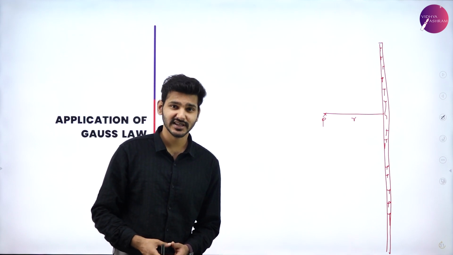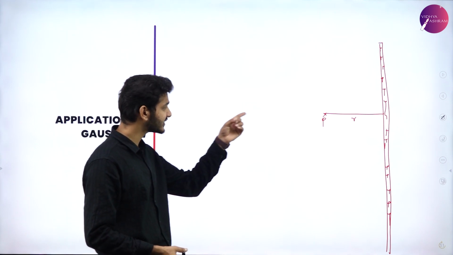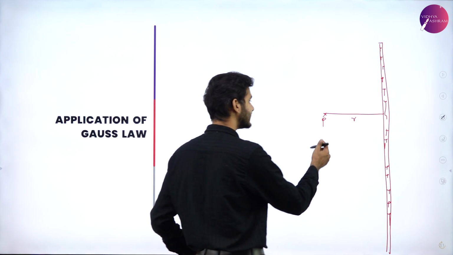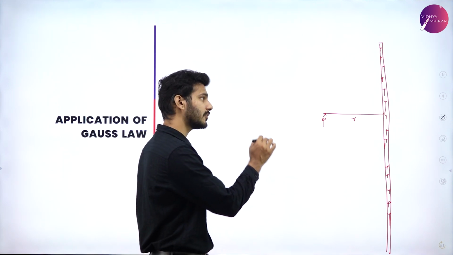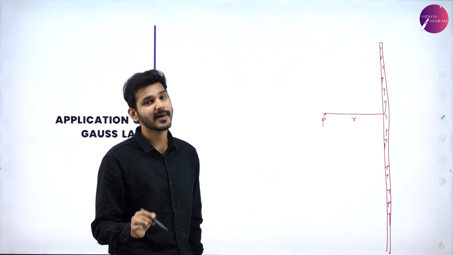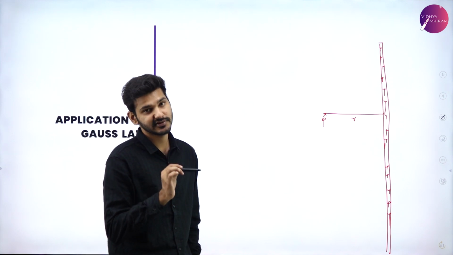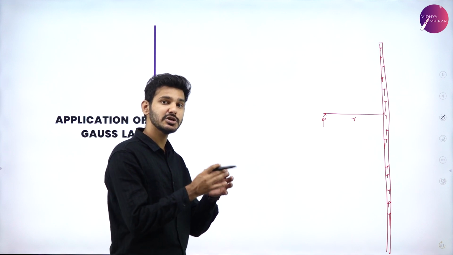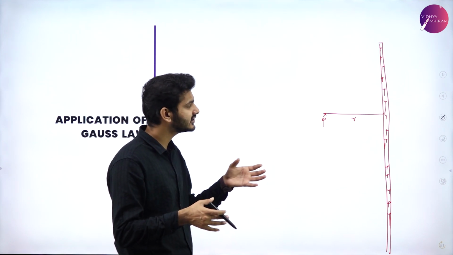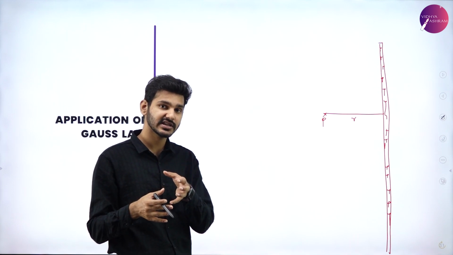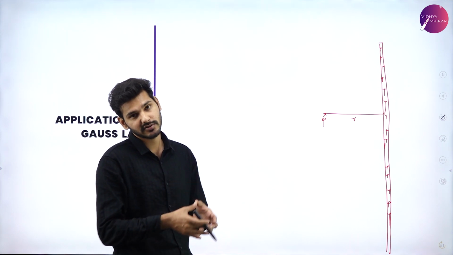So you can use Gauss's law to represent this. In order to find the electric field at that particular point, first you have to imagine a Gaussian surface. A Gaussian surface is used to prove or state Gauss's law. It is a closed surface around a particular region that encloses a net amount of charge.